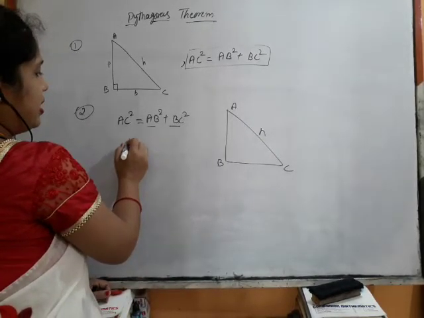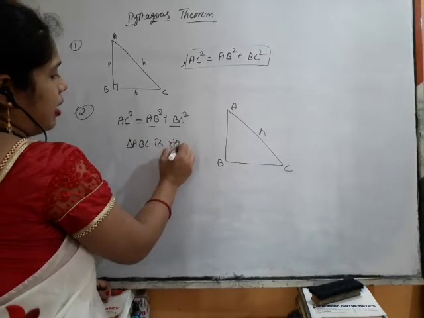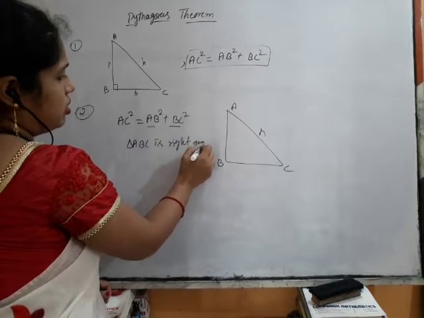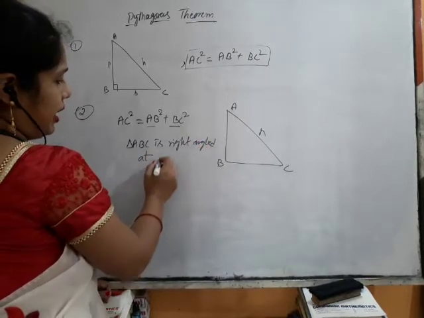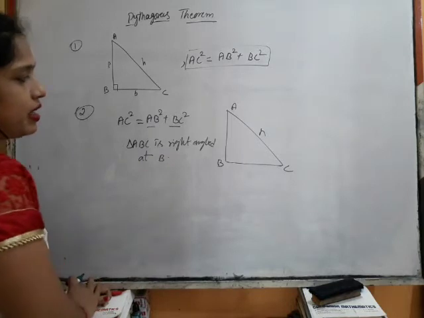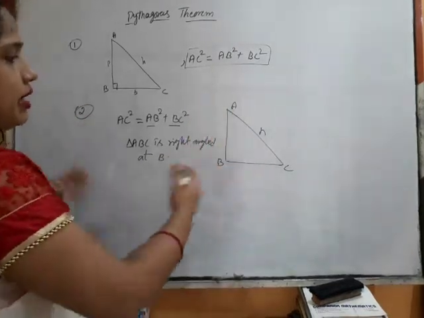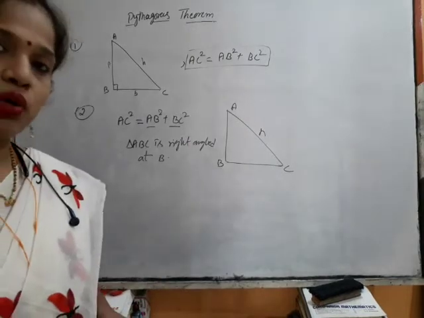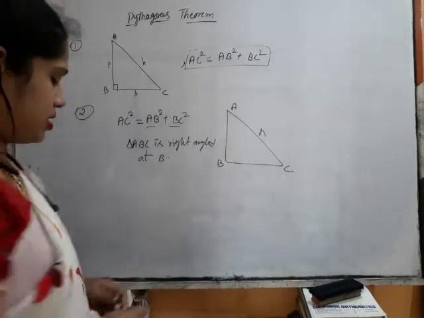We have to show that triangle ABC is right angled at B. So the main statement and the converse of it, both things we will be using in exercise 9.5. Let us start it.